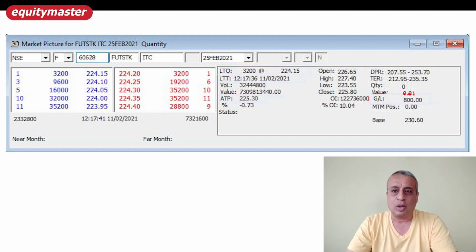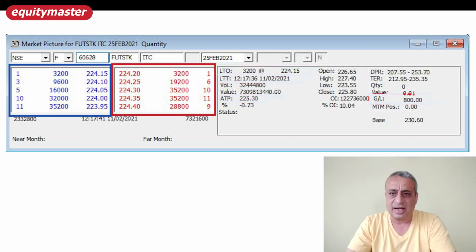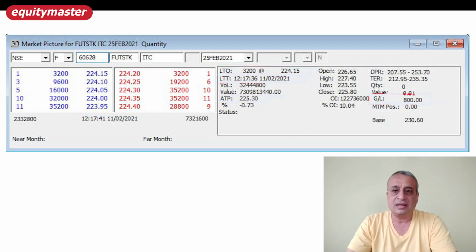This contains the top 5 buyers, the top 5 sellers. Buyers are in blue, sellers are in red, and a whole lot of other data that a professional day trader uses. Now this is what I consider a trader's cockpit.